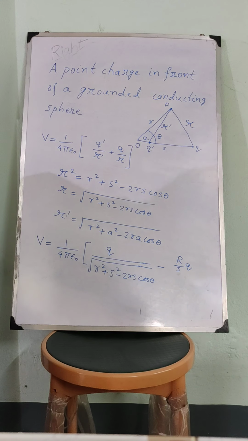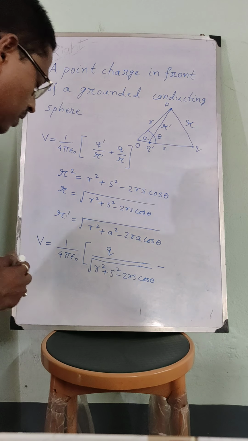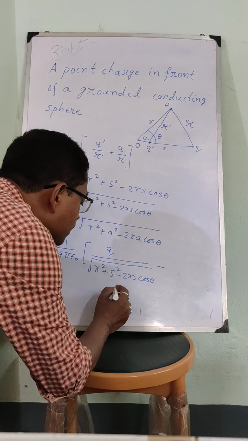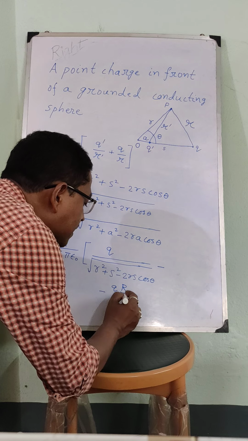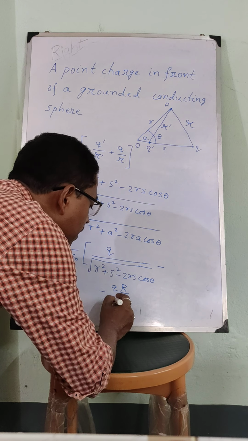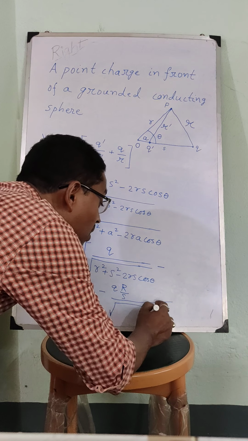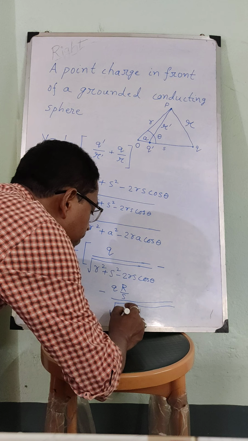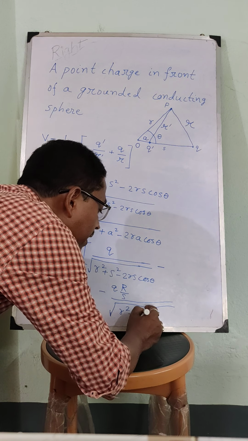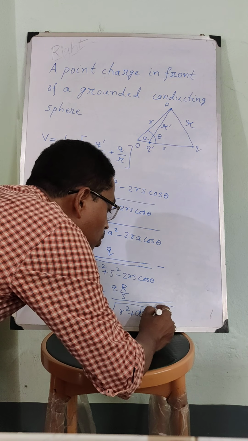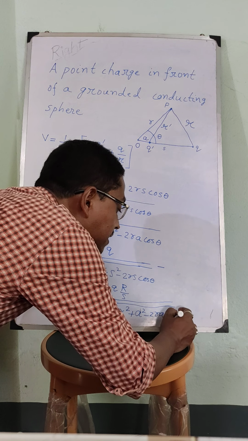Okay, so here we have a small space, so I will write it here. So minus q, r by s, divided by root over r square plus s square minus 2ra cos theta.